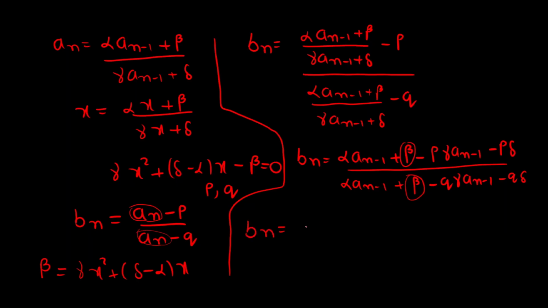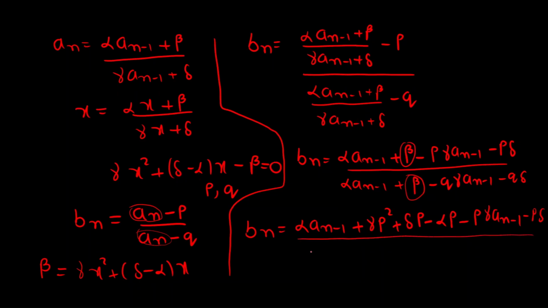I'll have bn is equal to alpha n minus 1 plus gamma p square plus delta p minus alpha p minus p gamma an minus 1 minus p delta, divided by alpha n minus 1 plus gamma q square plus delta q minus alpha q minus q times gamma n minus 1 minus q delta.